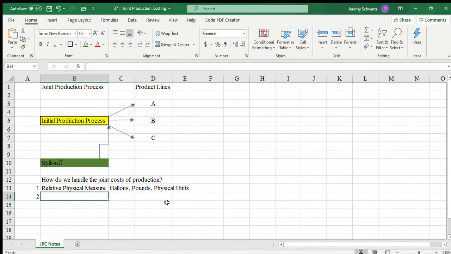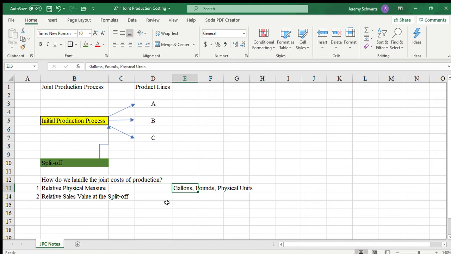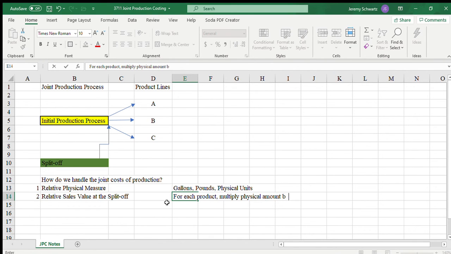And two would be relative sales value at the split off. So in method two, let's just clean this up a little bit, move these over. So in method two, for each product, multiply physical amount by price.